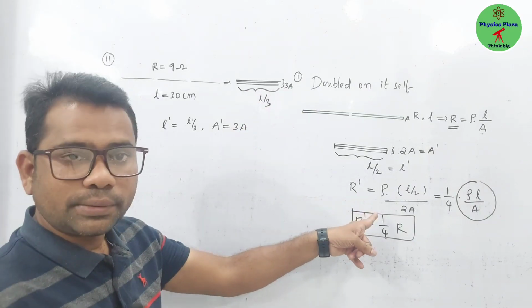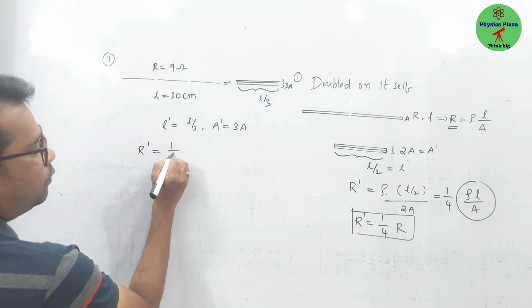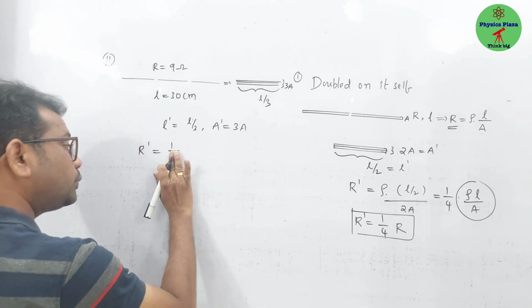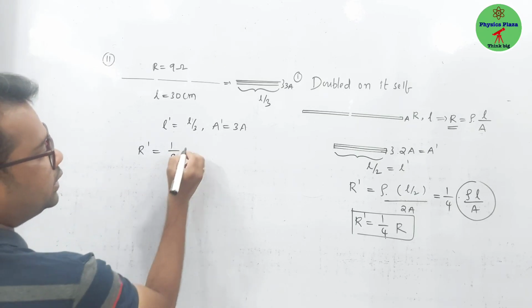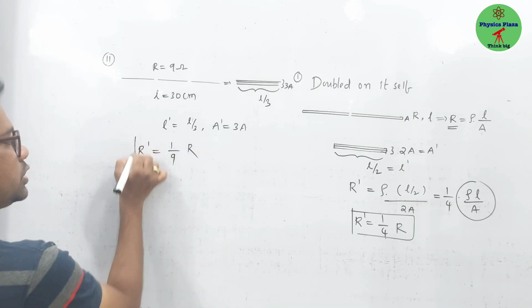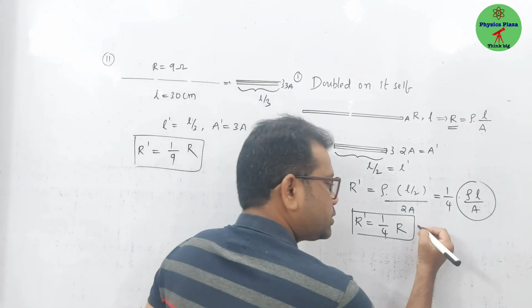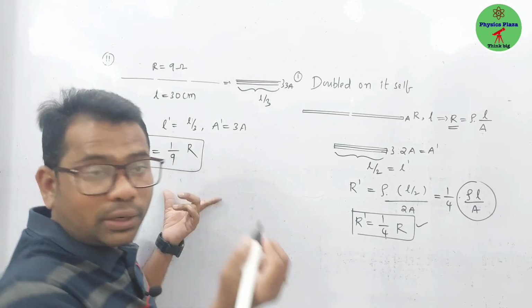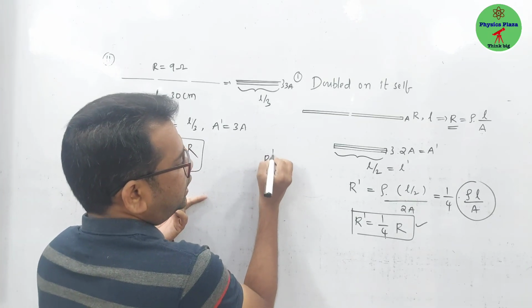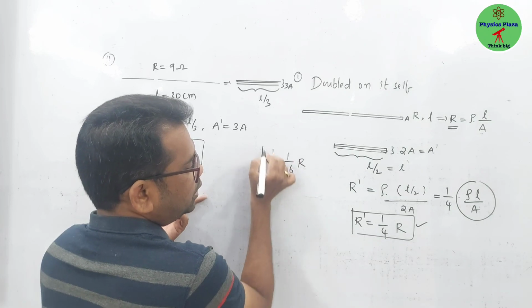When you apply the same concept, you get R dash equal to 1 by 9 of R, because tripled. So this formula we have to use, children. Doubled on itself means use this formula, tripled on itself means this formula, quadrupled on itself means R dash is equal to 1 by 16th of R.